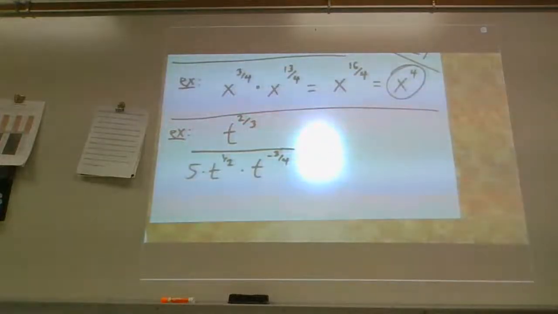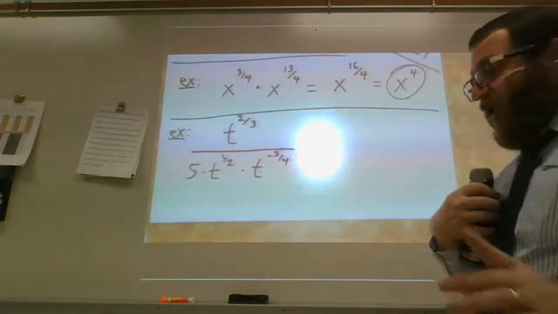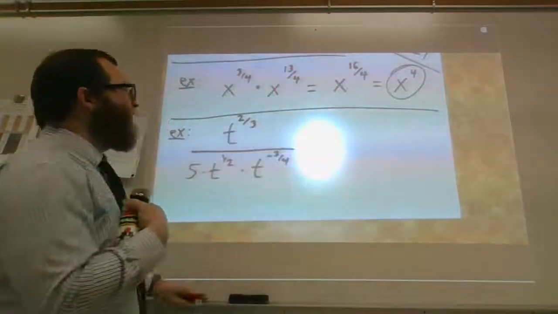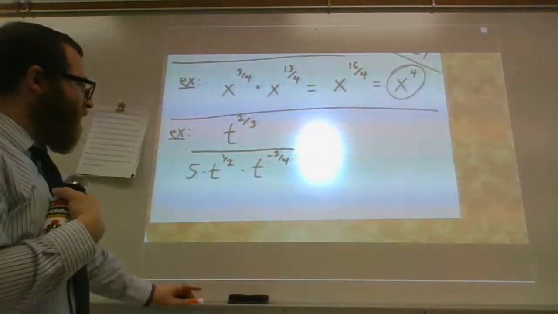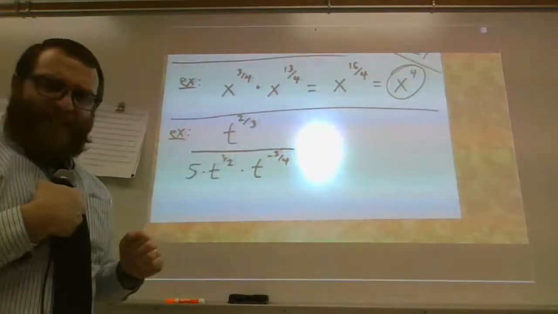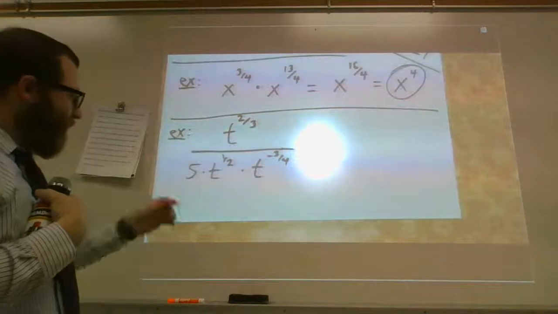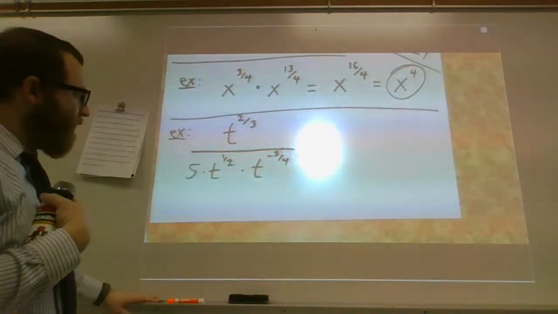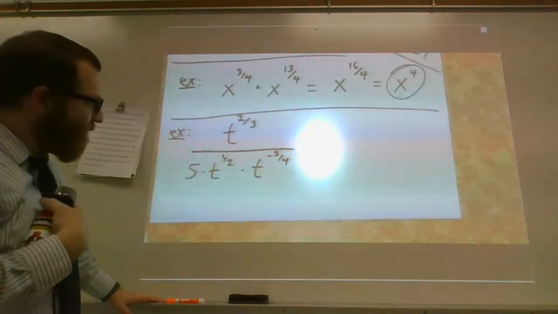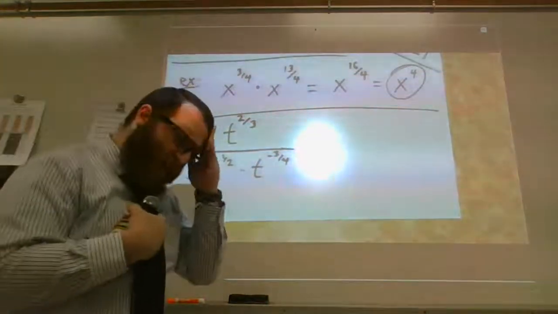Would it be beneficial for us to convert to radical form? Well, not necessarily. I could potentially combine these things as they are. I could. They don't have common denominators, though. Oh, what was the exponent property?